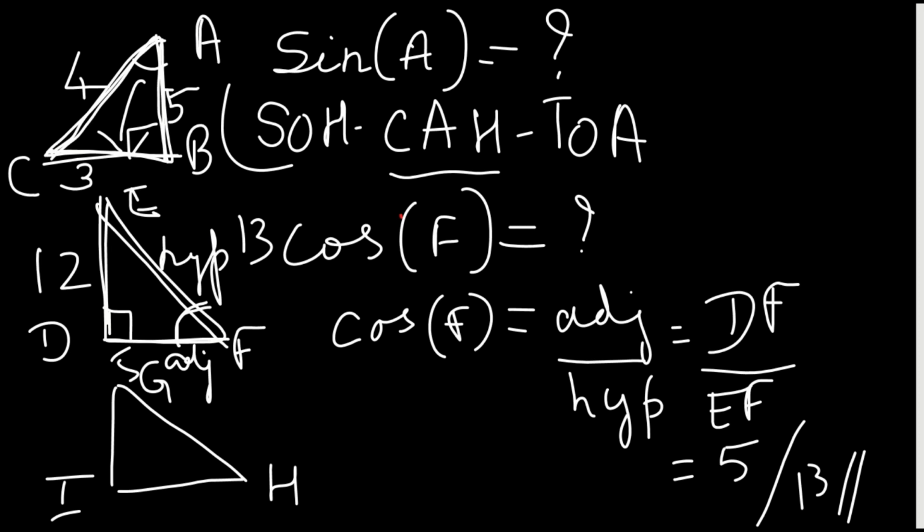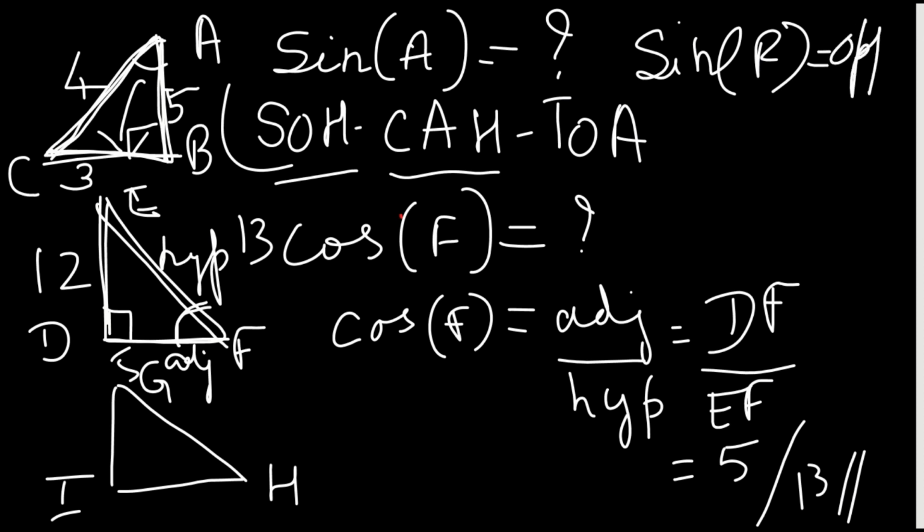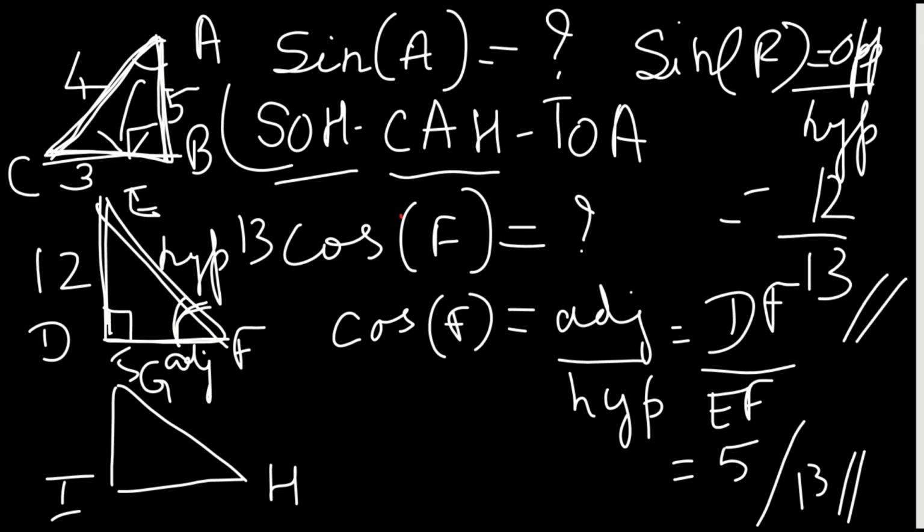Next, for the same problem, if you had to find the sine of F, what is sine? Sine is opposite by hypotenuse. The opposite side here of F is 12, or you can write ED, or you can just write directly 12 by 13. Next, if you had to find tan for the same sum, I'm very sorry, it is looking very messy because I'm having a very small board.